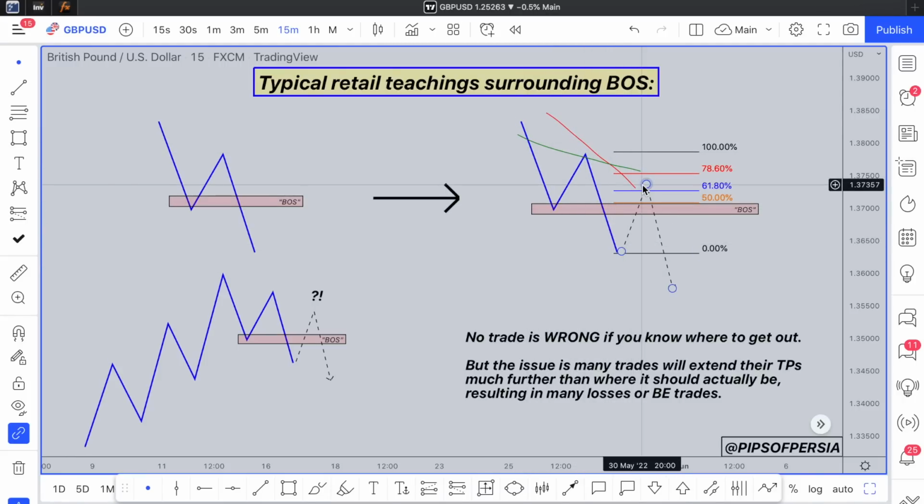The retail community uses a variety of different things to help them for their entries, such as drawing Fibonaccis and trading based on these golden pockets, or using some moving averages and waiting for the crossover, or waiting for the market to retrace back after a break of structure to in a way tap off that moving average, or this dynamic support and resistance line as we call it, before taking the trade to the downside in this case, or to the upside if it was flipped.